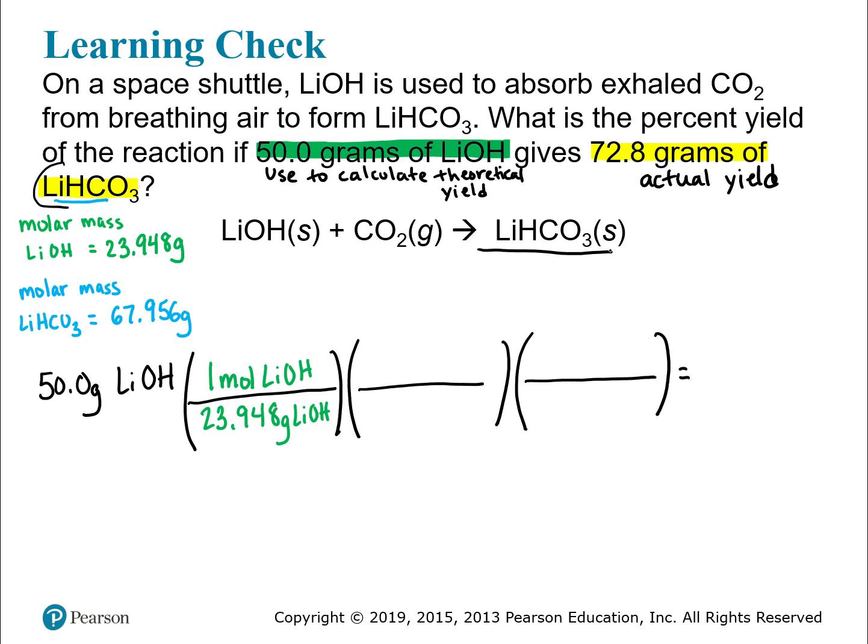I don't see a coefficient, so I'm going to use 1 here, and that goes in the top. What I'm already given information about is the lithium hydroxide. I look at the chemical equation for that. I also don't see a coefficient here, so we're going to use a 1 for that as well.